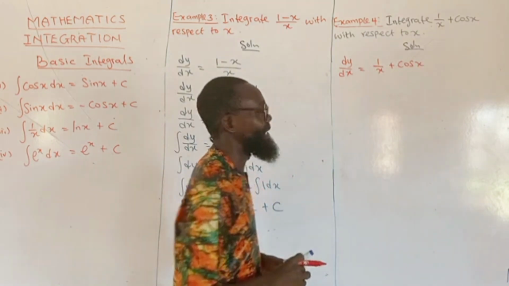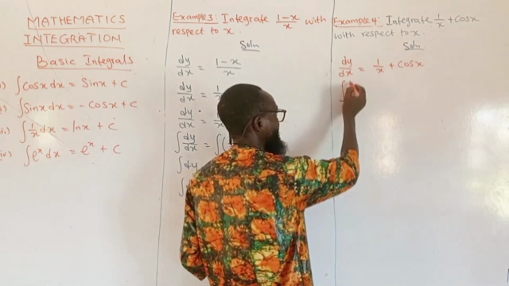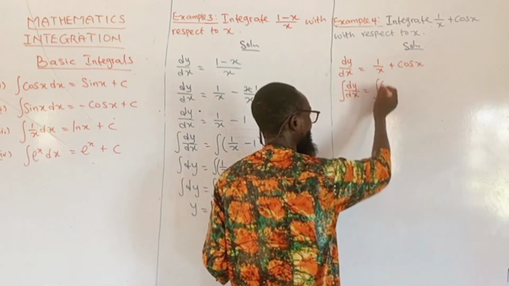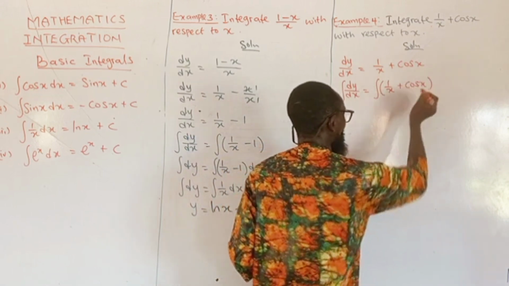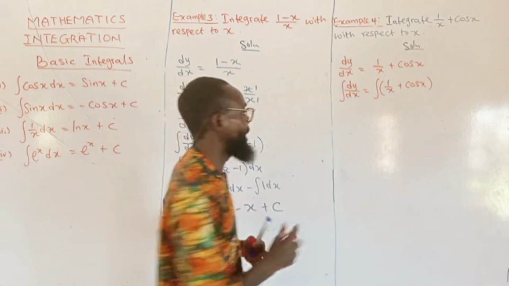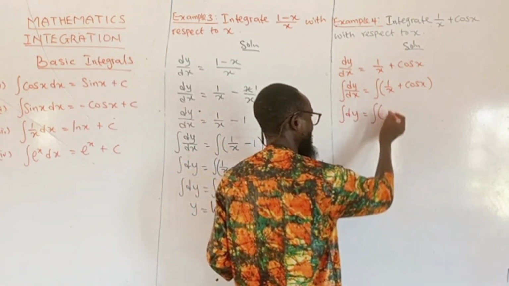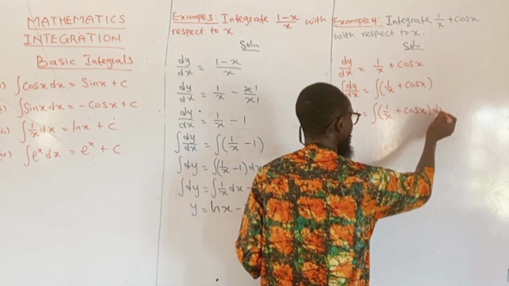Let us introduce our integral dy dx equals integral, put a bracket, 1 over x plus cos x, close the brackets. The next step is to cross multiply. Integral dy equals integral, put a bracket, 1 over x plus cos x, dx.